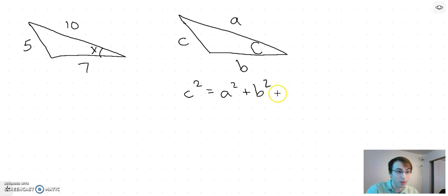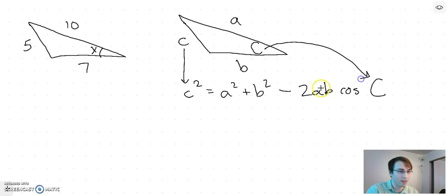That's the Pythagorean theorem, but then you subtract 2ab cosine of angle C. So it's really similar to the Pythagorean theorem, but you're subtracting off a little bit to account for it not being a right triangle.